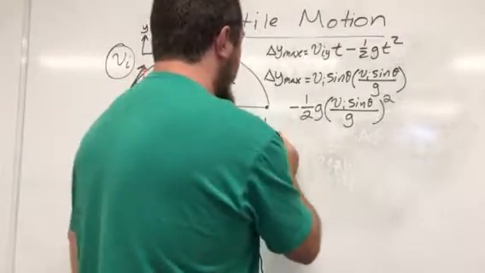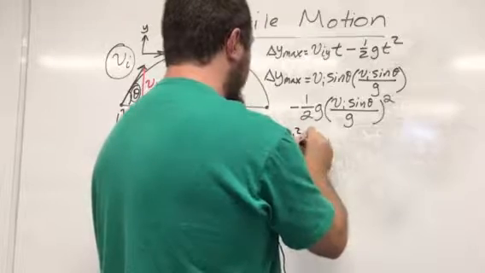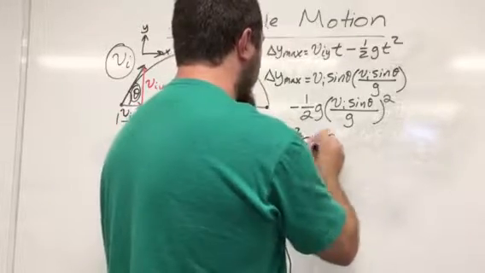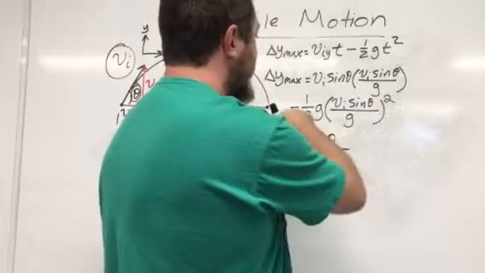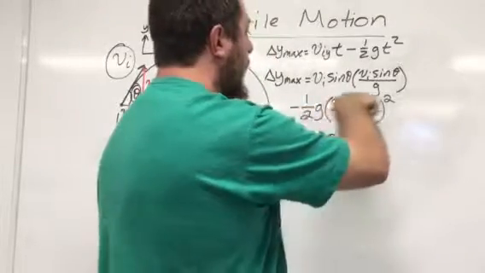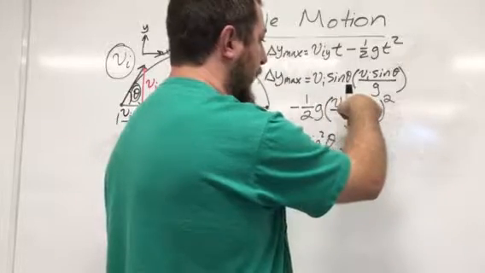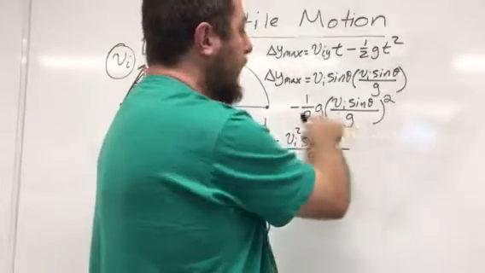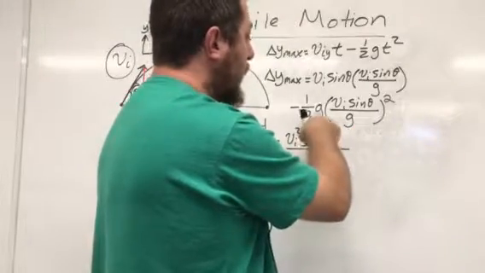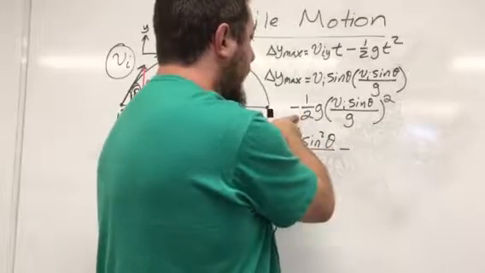So the first term is going to equal Vi squared times sine squared theta over g. And I'm then going to subtract this term. But notice, here I'm going to have a Vi squared, and here is sine theta squared. And I'm going to get a g squared on the denominator here, and that's going to cancel with this g, and then I have this divided by 2.